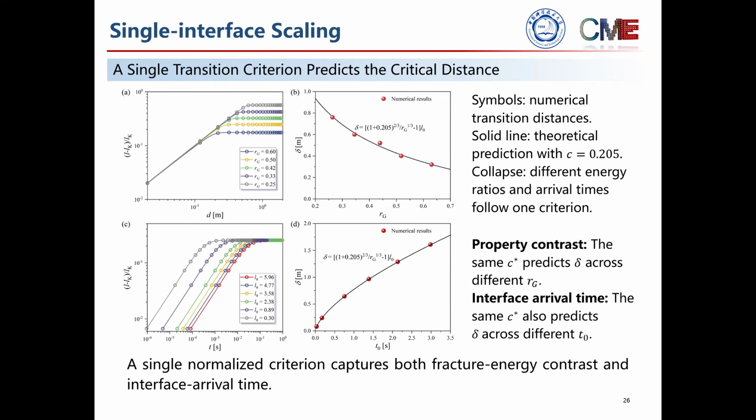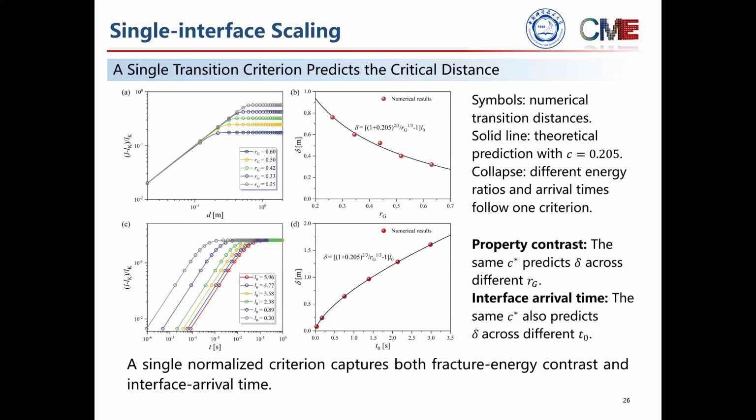We then compared this scaling with numerical solutions. The symbols are numerical transition distances, and the solid curves are theoretical predictions. A single normalized correlation with a fitted transition value, shown here, collapses the cases with different fracture energy ratios. More importantly, the same correlation also collapses cases in which the interface is reached at a different time, or equivalently at a different initial fracture length.